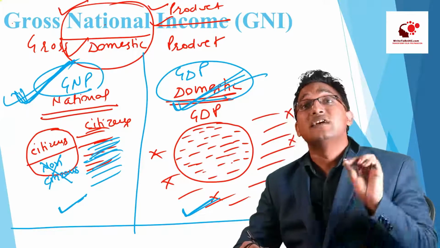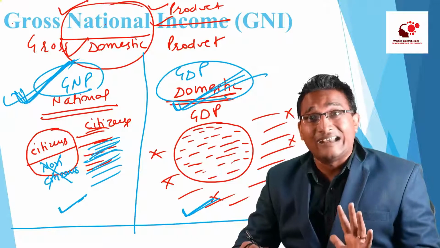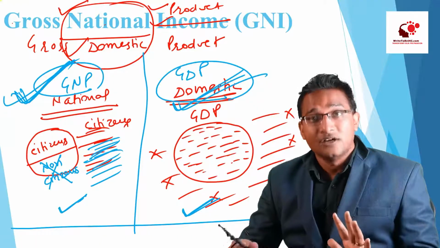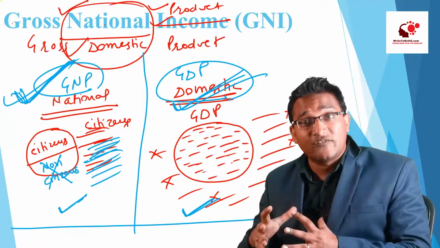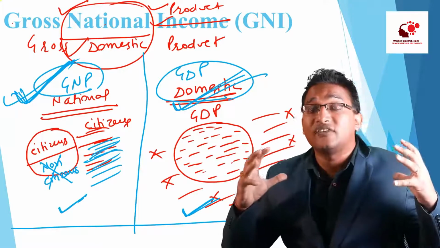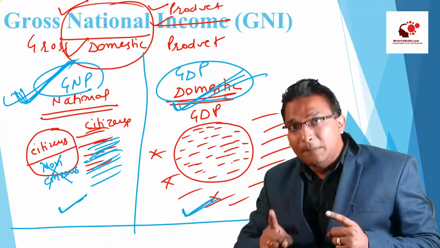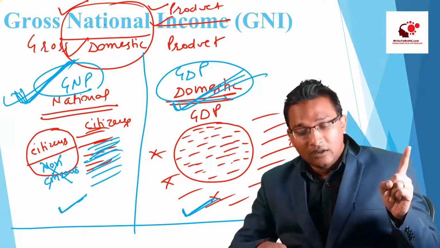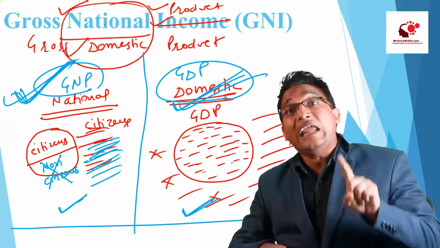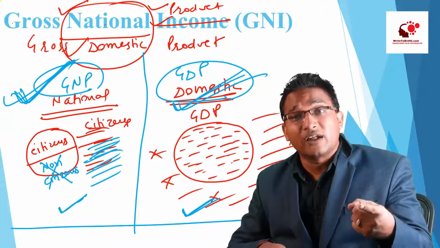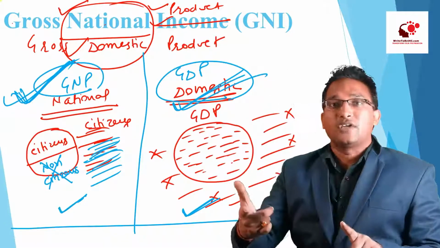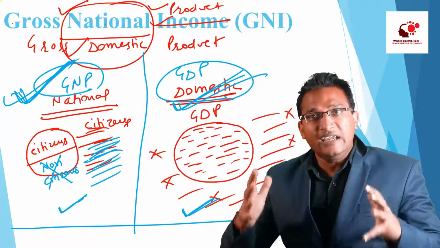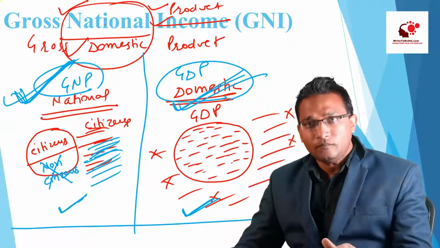This is the crucial difference. You have to very clearly understand this. It might look like a geographical difference, but it is actually a difference of method. This is the key difference, right?